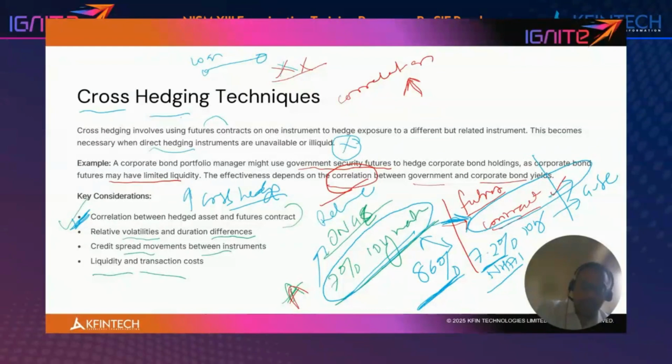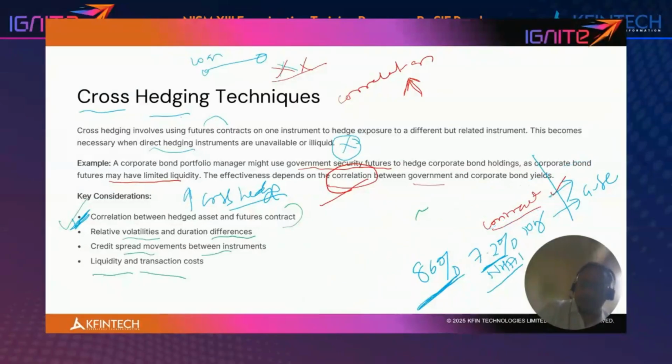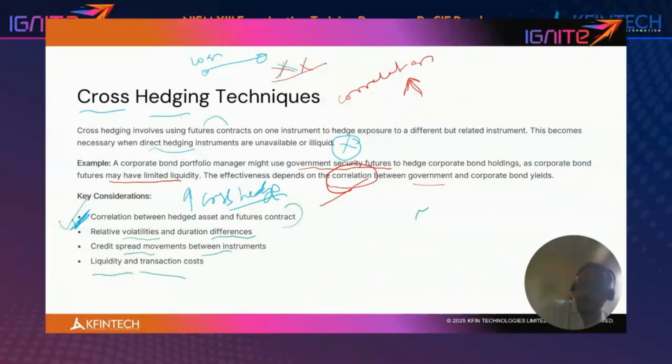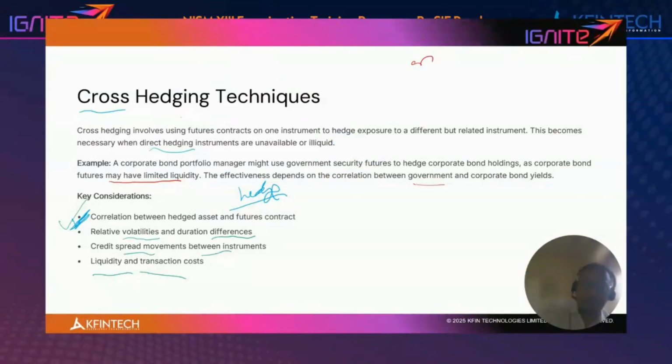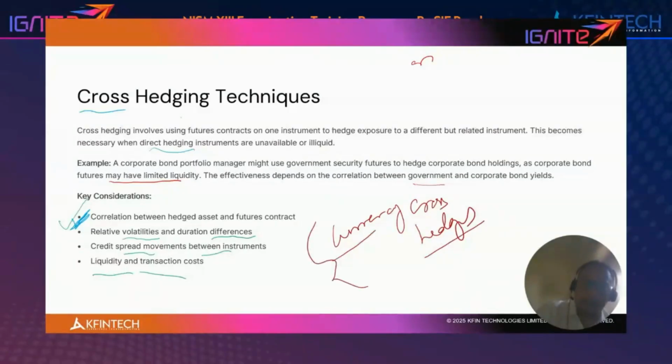A cross hedge is not only limited to bonds in futures and spot markets for corporate or government securities. Cross hedge will also include currency cross hedges that you must have seen in the currency derivative program.